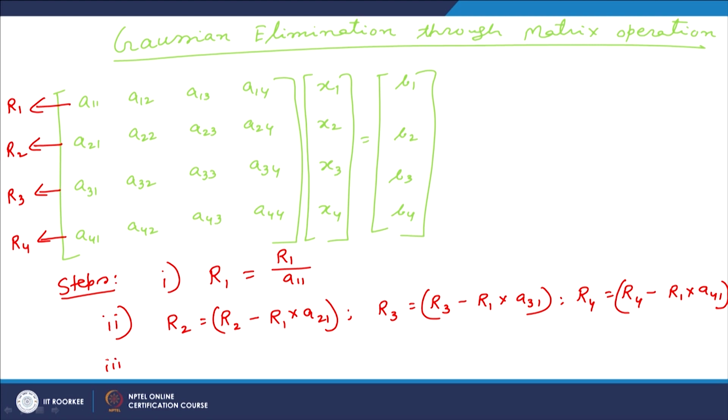In step 3, what do we now do? Once we do this, all these terms would be 0, and these would be 1 1 1.